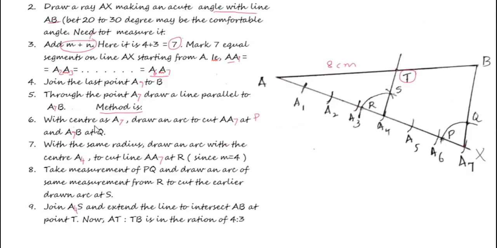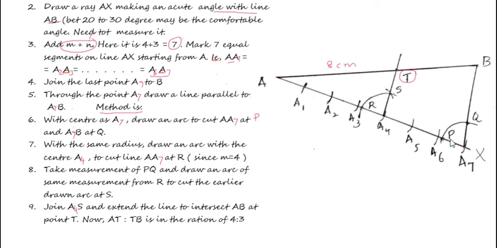This is the method. With the center as A7, draw an arc to cut AA7 at P and A7B at Q. Now with the same radius, from A4, draw an arc to cut the line AA7 at R.